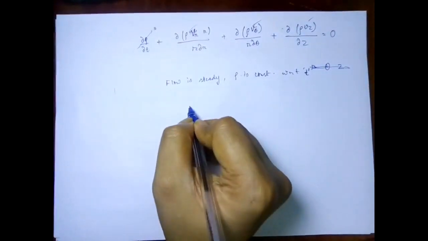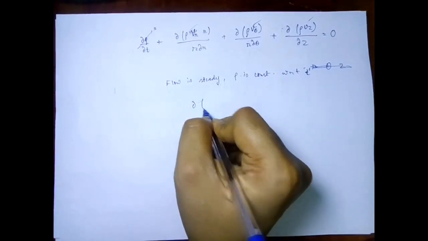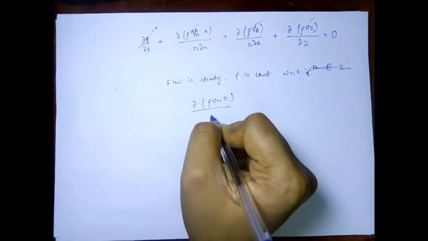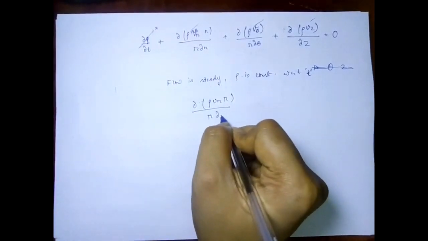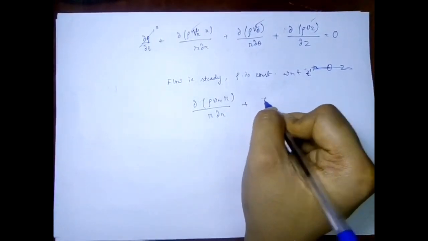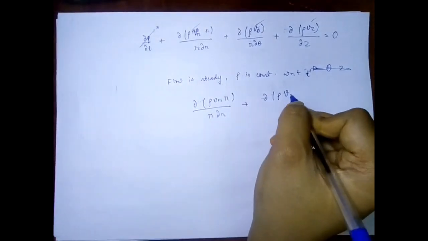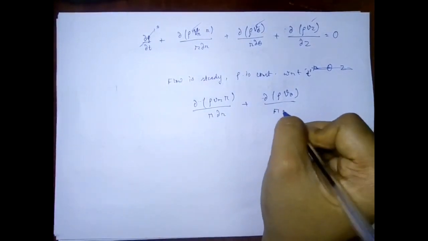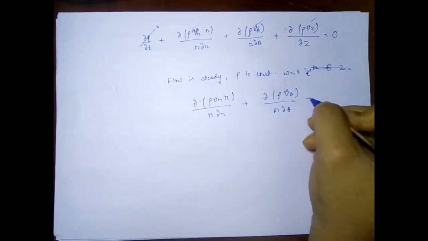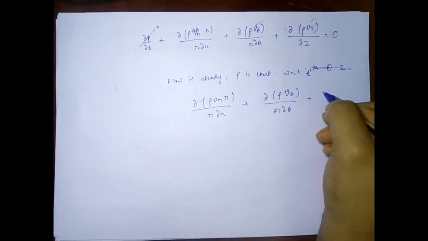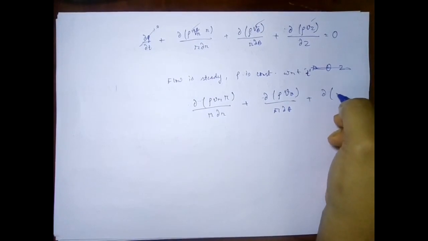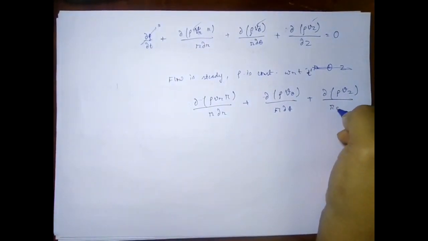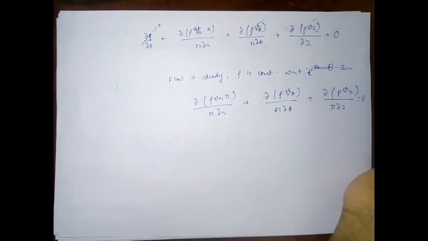So therefore del rho Vr times r upon r del r plus del rho v theta upon r del theta plus del rho vz upon del z equal to 0.